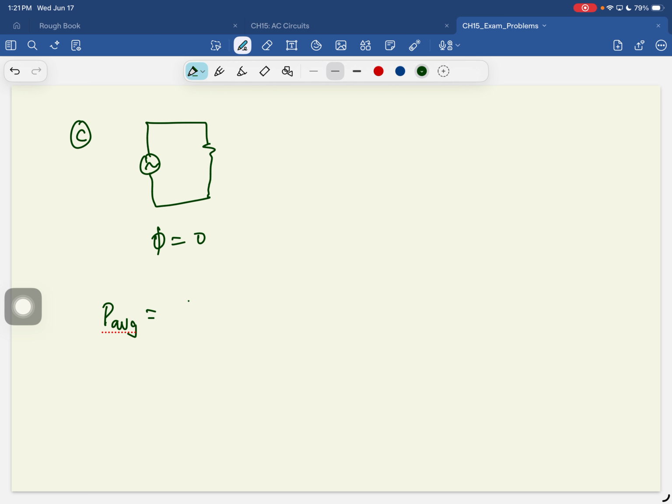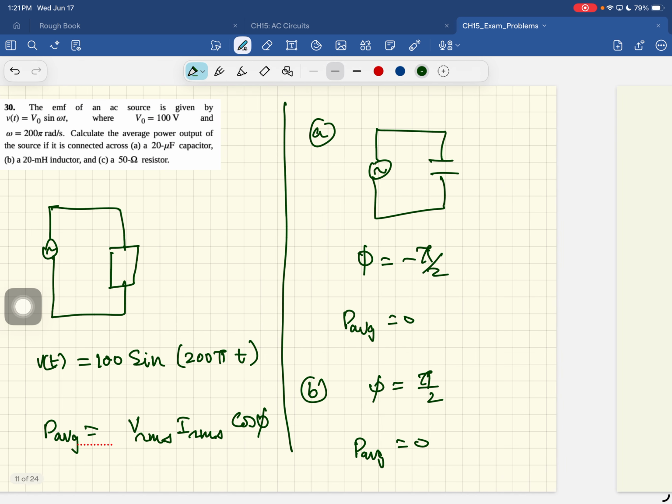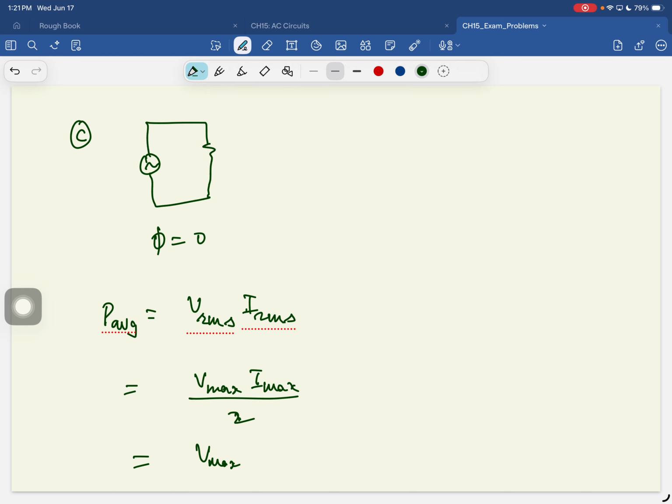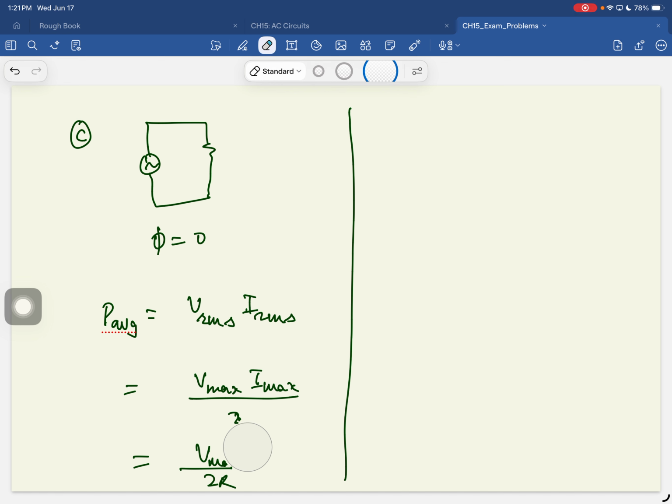So 10 to the minus 3 farads, 4 pi squared times 4 times 5. So 1.27 microfarads. Okay.